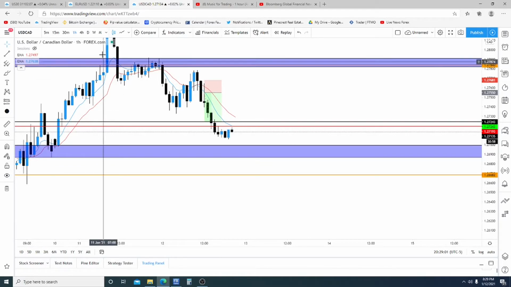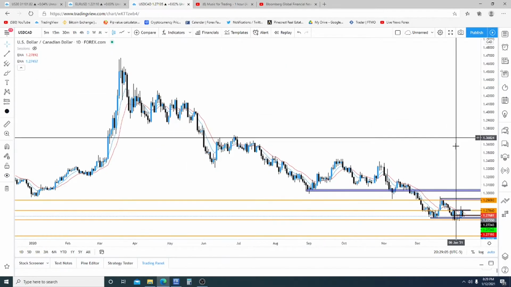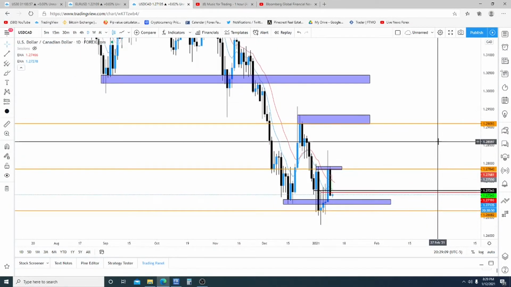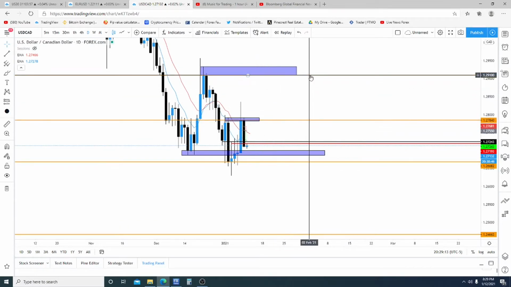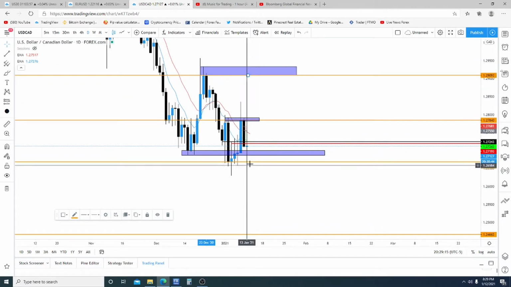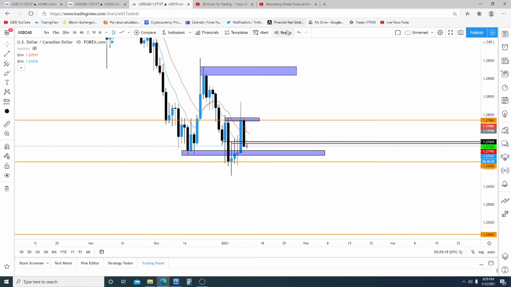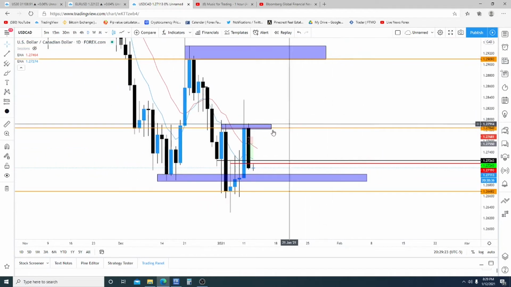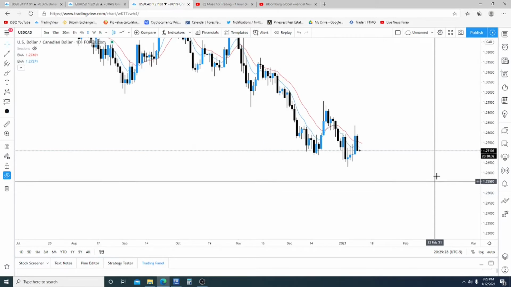First things first, I know my chart is a little messy, so I should just remove all of this for you guys. Okay, so as you can see, first let's get a clear view of the market.